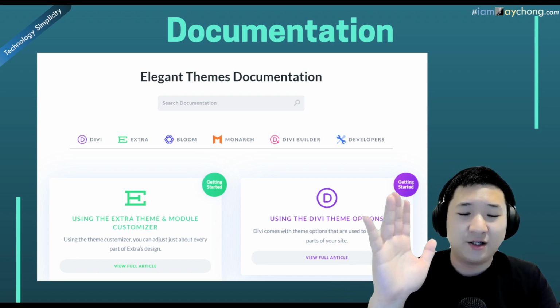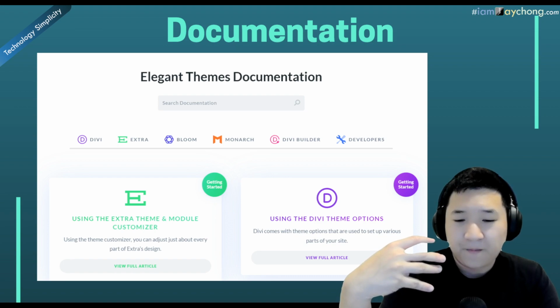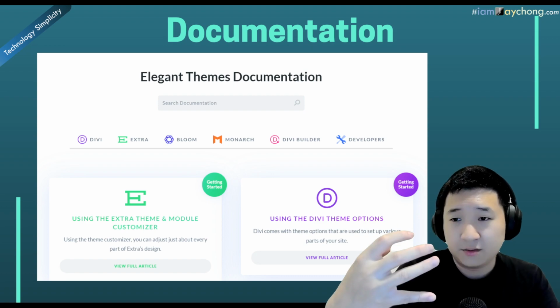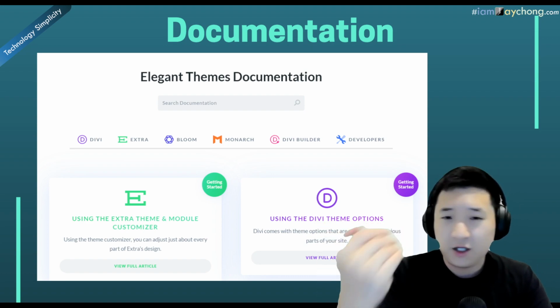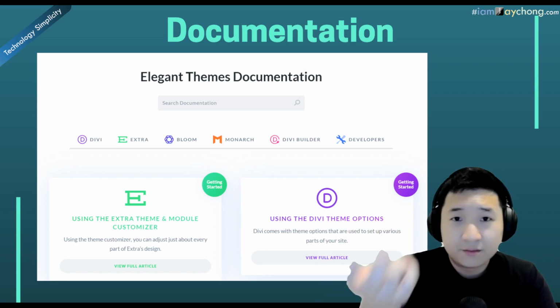This is not blunt. I'm just sharing with you, let's say the team is built in a way that there are a lot of pre-builds, but most of the customization is actually done using a page builder. And the page builder comes with very good documentation, like Elementor.